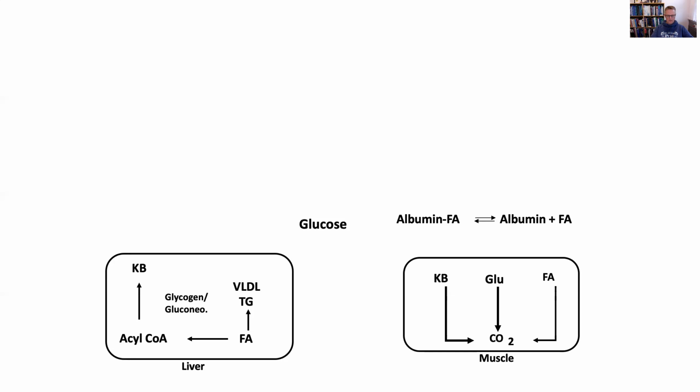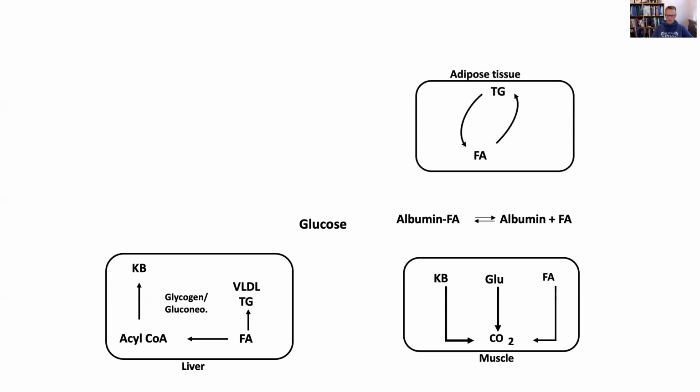So the liver obviously plays a very important role in maintaining constant glucose levels in the circulation. So we need to understand what occurs in the liver in order to know these regulatory mechanisms.